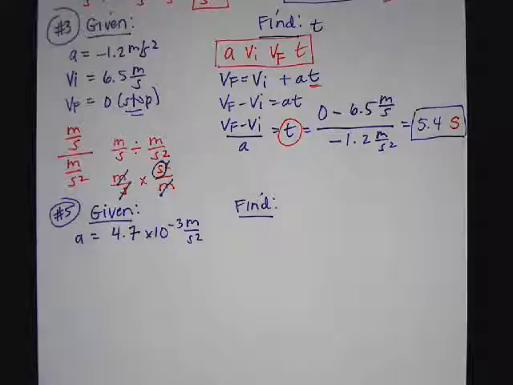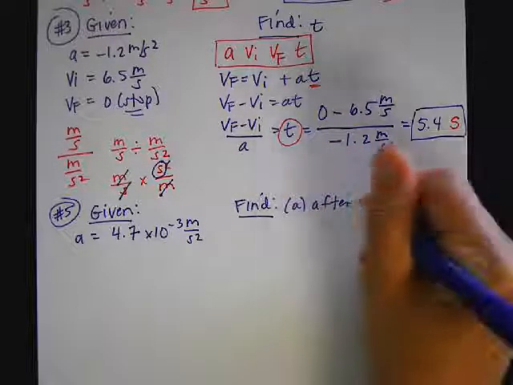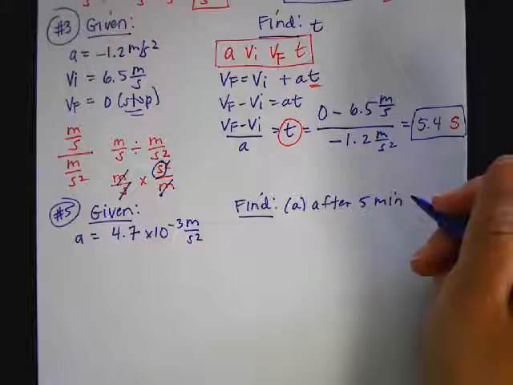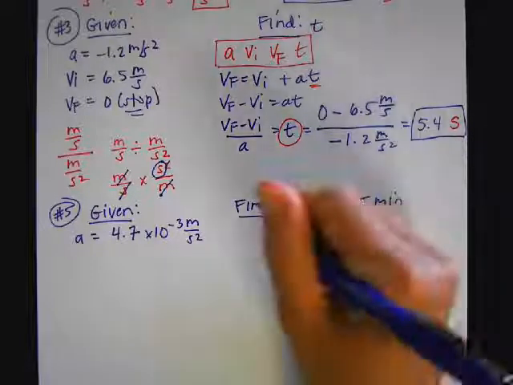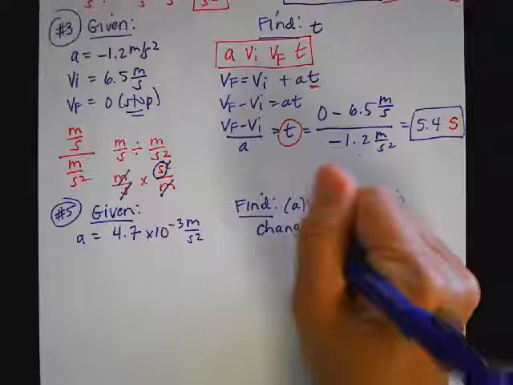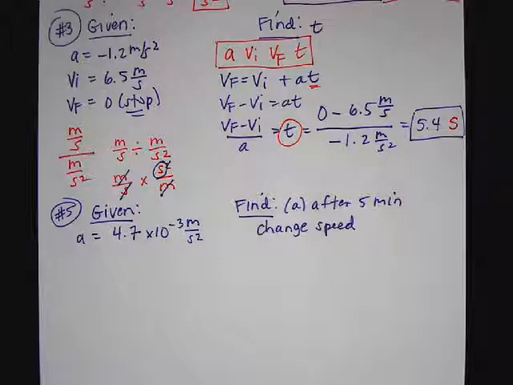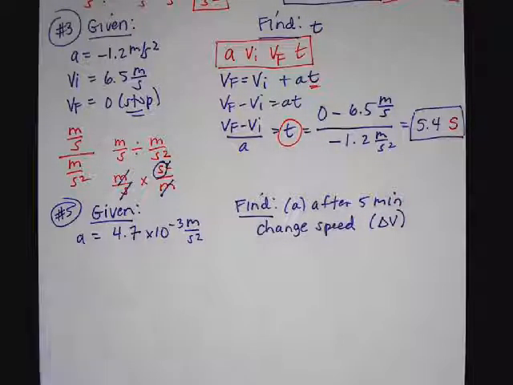So after 5 minutes, we want to find how the speed changes. Now I have to say to myself, these are words. So maybe it might help you to write it down: change in speed. Well, mathematically, the change in speed is going to be delta V. Remember, it's not VI, it's not VF, it's delta V, because that's the change in speed, right?